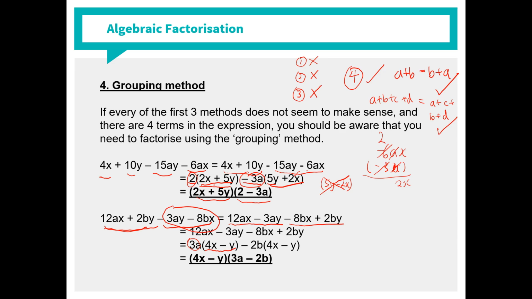For the second group, I will take out negative 2b. Take note that positive 2by divided by negative 2b gives negative y. So you end up with 2 exactly the same. Now take out the common factor to bring it to the front. What's left behind is 3a and negative 2b, and this will be the second group.